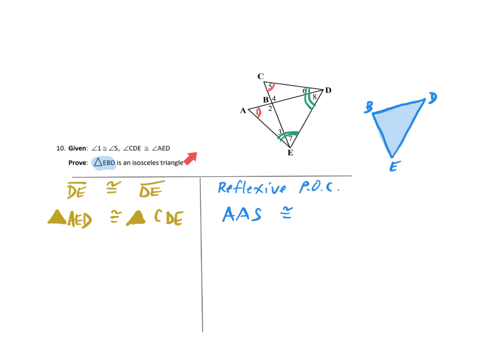Well, now that we've used the given, including these green angles, CDE and AED, we're able to use that to prove that these triangles are congruent. Maybe now we can prove that the butterfly wing triangles are congruent, because if you look at the butterfly wings, side BE is a side of this butterfly wing, and BD is a side of this butterfly wing, and BE and BD are the sides of our triangle that we're trying to show as isosceles.